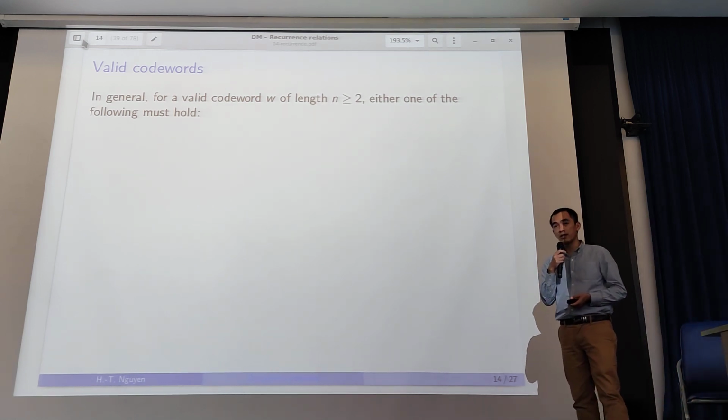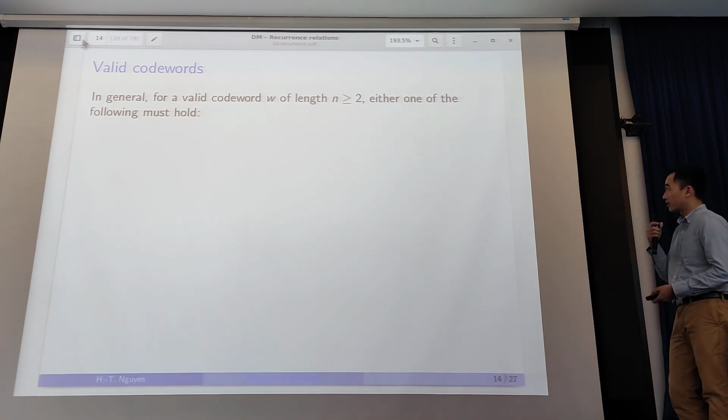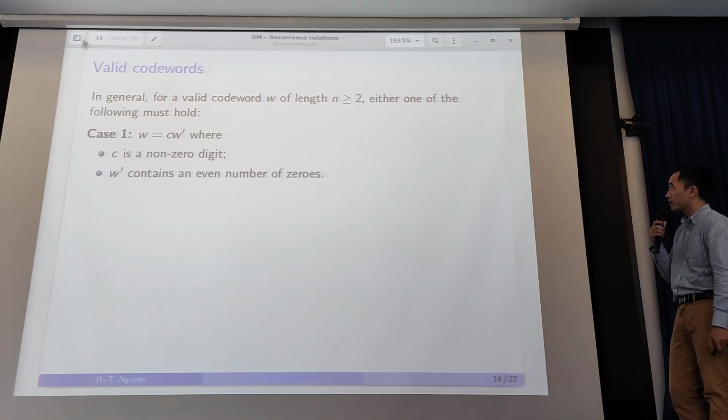We will look at the first, or the last if you like, character of the word W. So let's see the first character of the word W. Then the word W is the concatenation of the character C and another word W prime of length n minus 1, if you cut the first character.